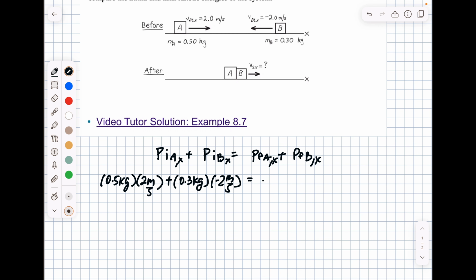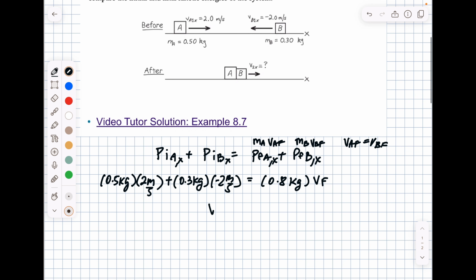That's going to equal the combined mass of A and B, which is 0.8, times their final velocity. So I combined mA vAf with mB vBf because the final velocities are equal to each other, right? Because they stick together and are moving to the right.